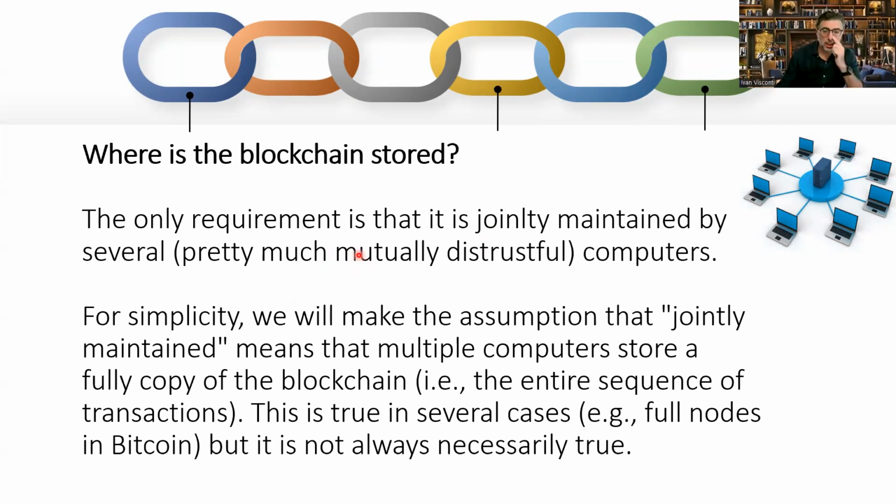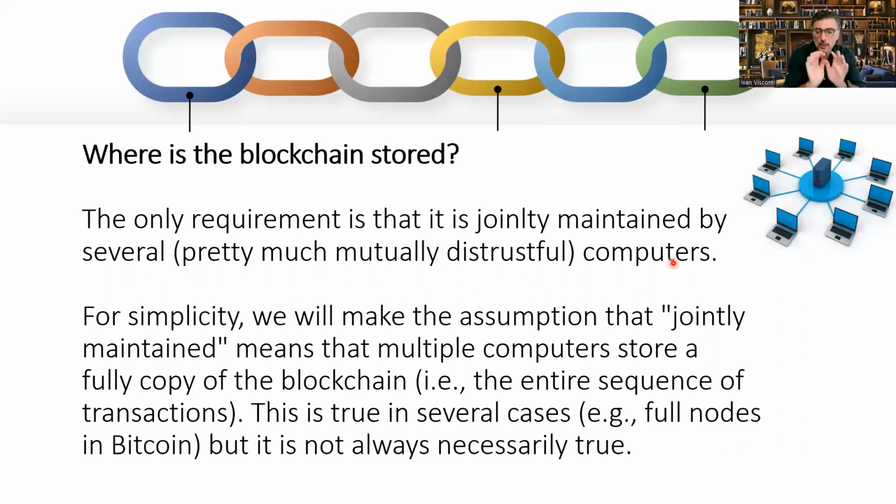That's one important thing, so that this abstract computer is not a single point of failure. And in general, it's possible that the blockchain is stored in many computers, but no single computer stores the full blockchain.